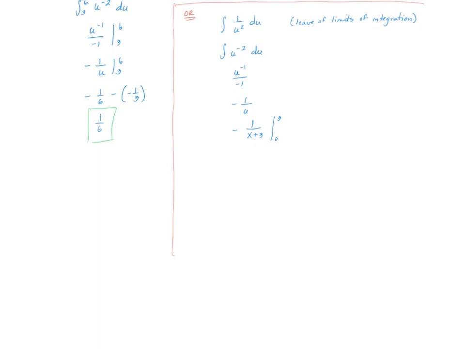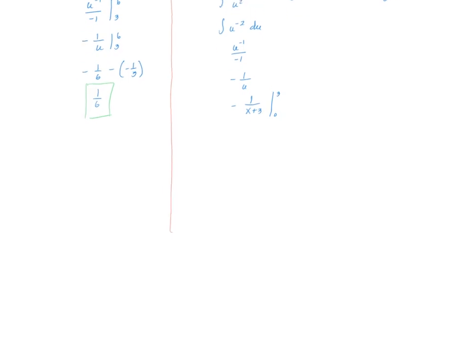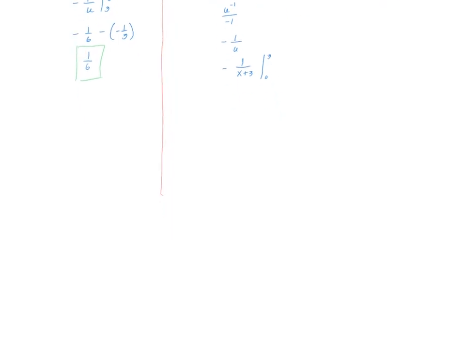So either change the limits of integration or just leave them off until you substitute back in for u, because remember, these original limits were in terms of x, not u. Now we have negative 1/6 minus a negative 1/3, and we're exactly where we were before, with the solution as 1/6.